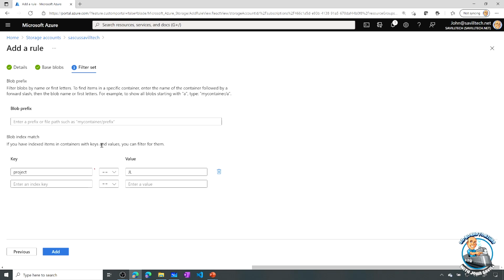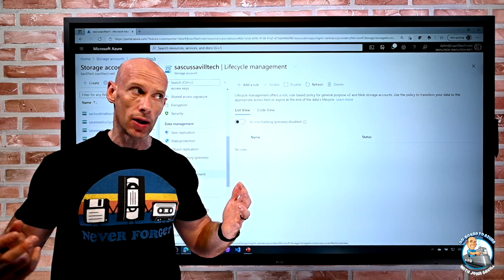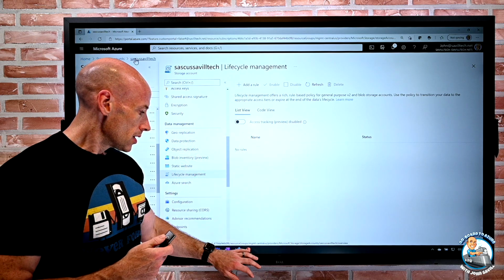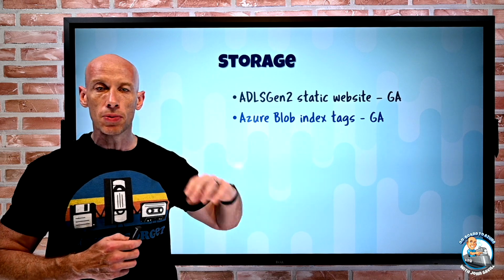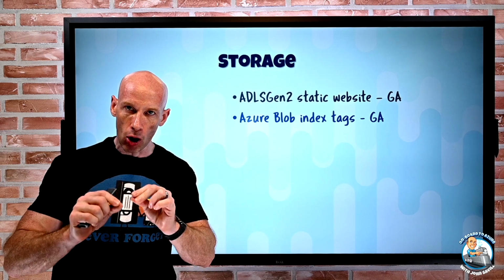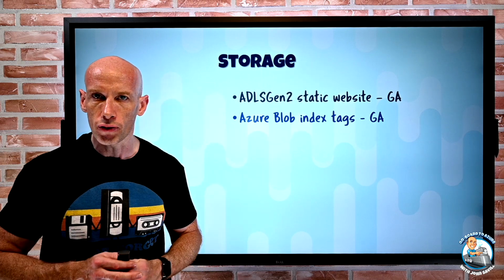So that's a key point. I can now actually go and filter using those blob index tags as well. So they really do give me a lot of capabilities in addition to just letting me be able to search on them, filter on them. So this is a pretty huge capability that's just going to get used more and more. But again, it's not the ARM tag, it's those specific blob index tags I set when I upload or after it's already there.